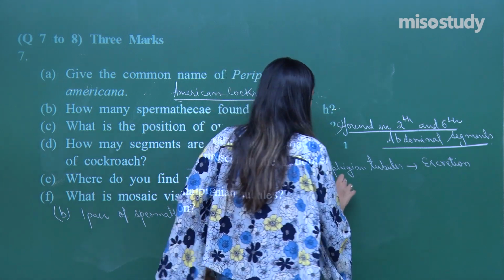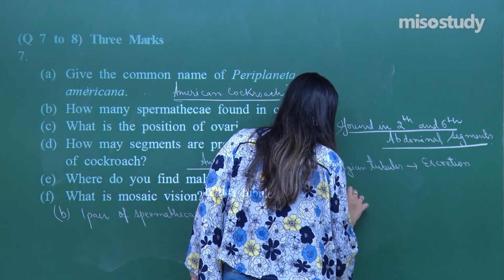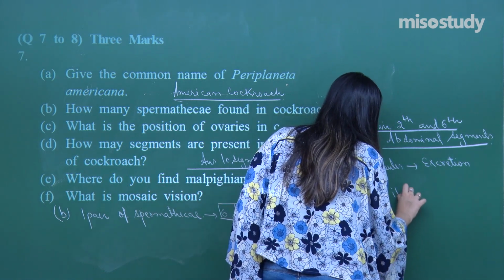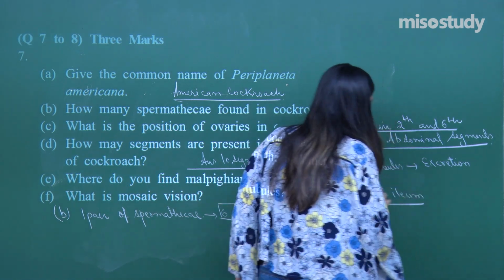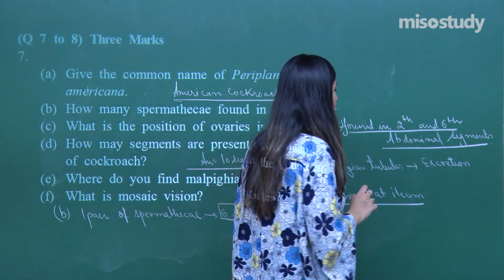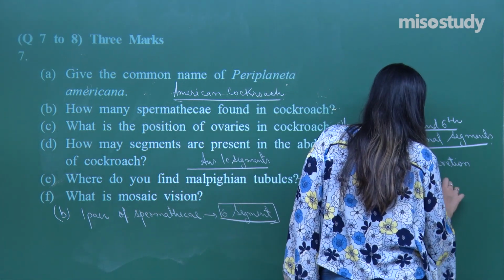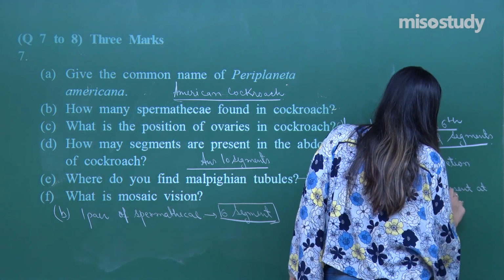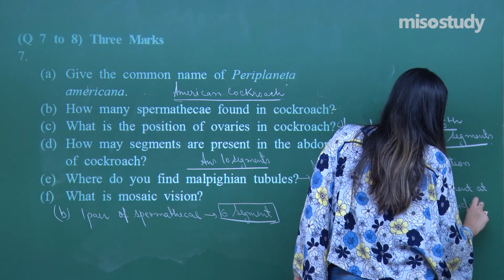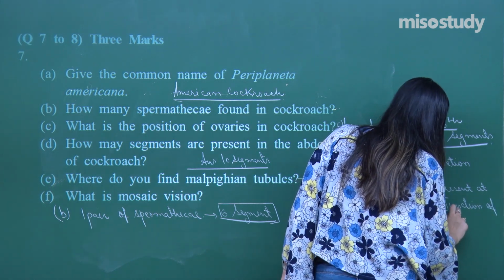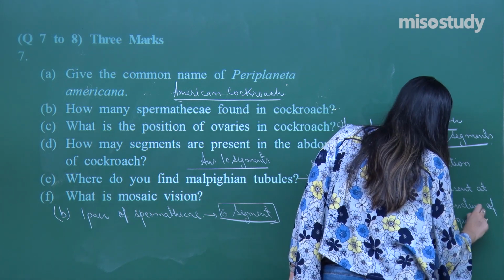That is excretion, and they are present at the ileum. Or you can say these are the fine fiber-like structures present at the junction of midgut and hindgut.